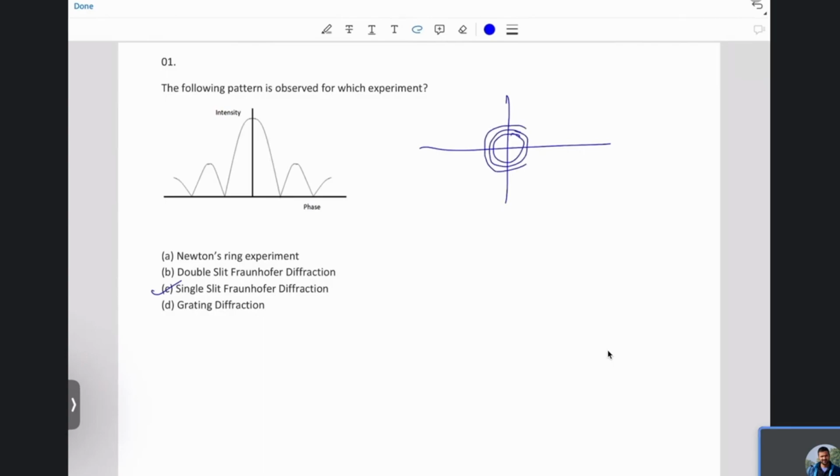And their width, I'm asking what happens to the width of these rings as the radius increases.